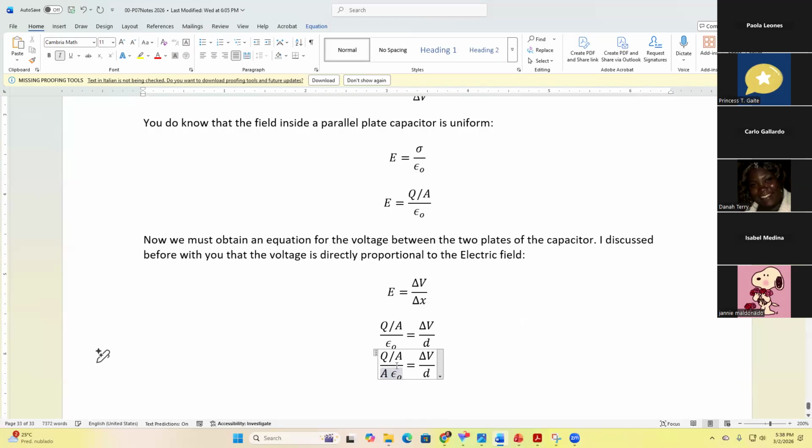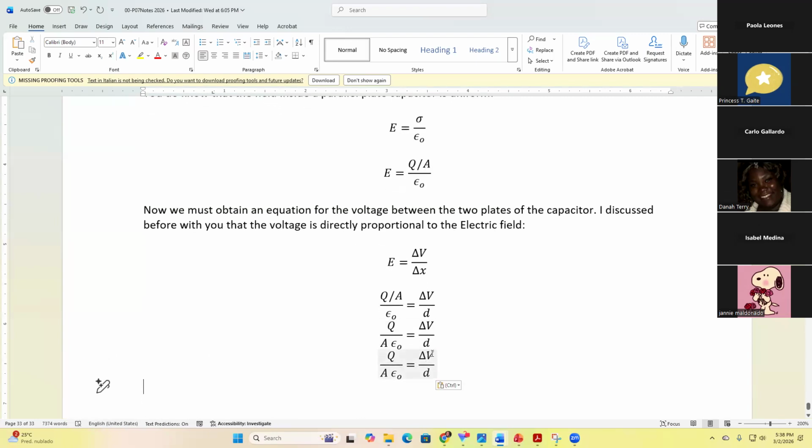A goes downstairs. Now we do not need A anymore. We write delta V here. Delta V is Q over A epsilon naught times D. And now my delta V is given in terms of known parameters: Q, A, D, and epsilon naught.